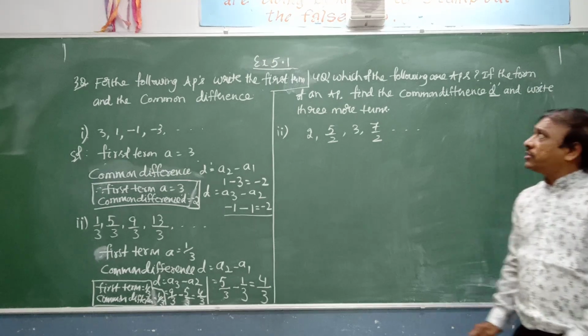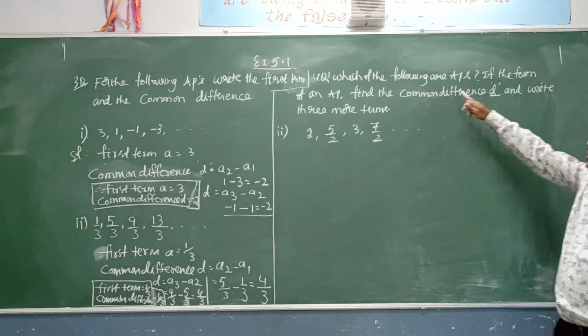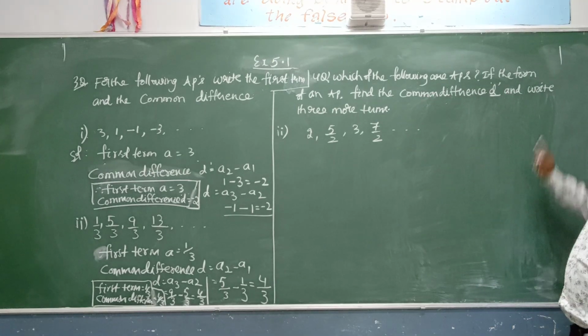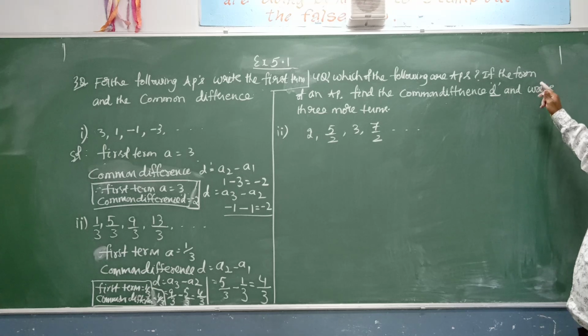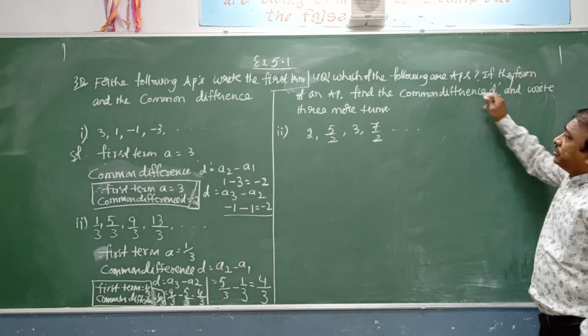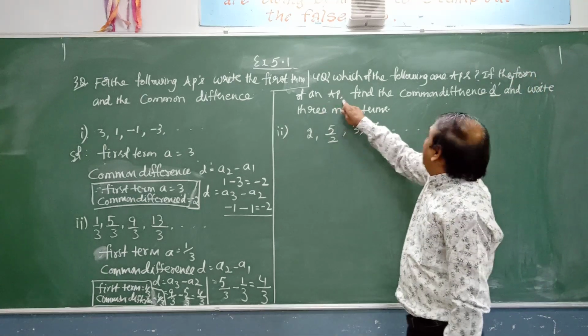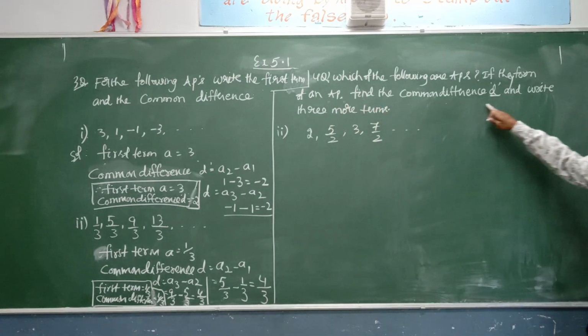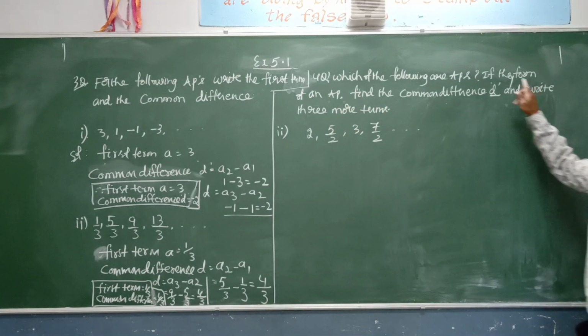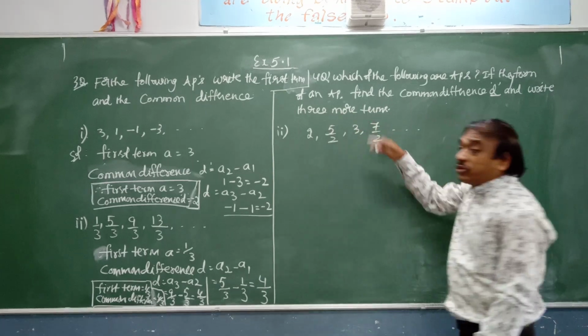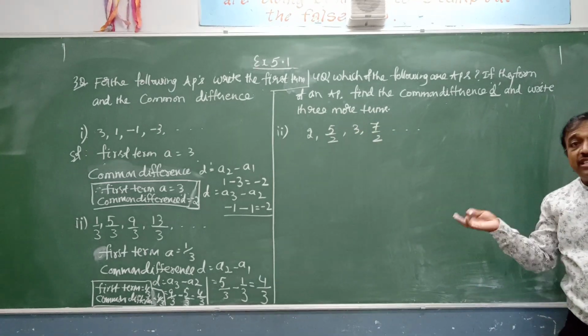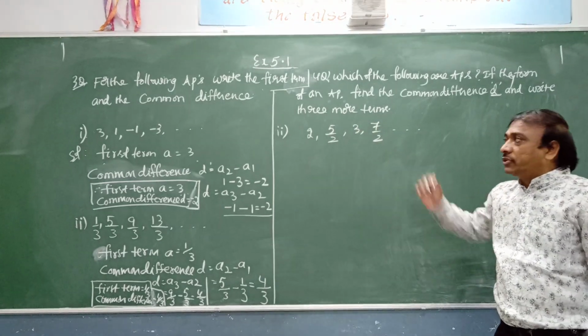Now, question number 4. Which of the following are APs? If they form an AP, find the common difference D and write three more terms. See the difference between the first question, the second question and the fourth question.